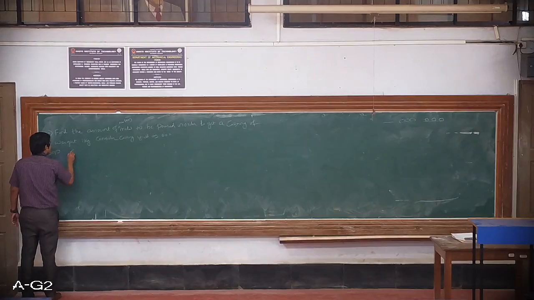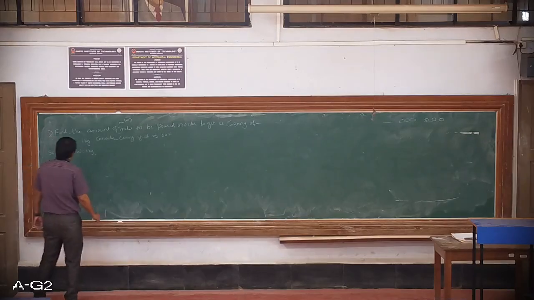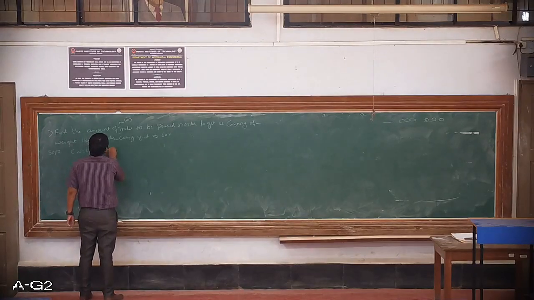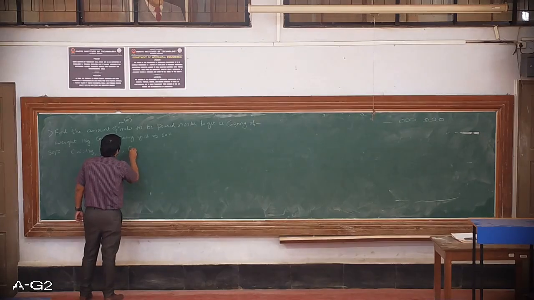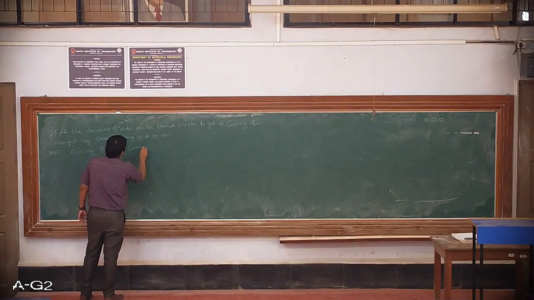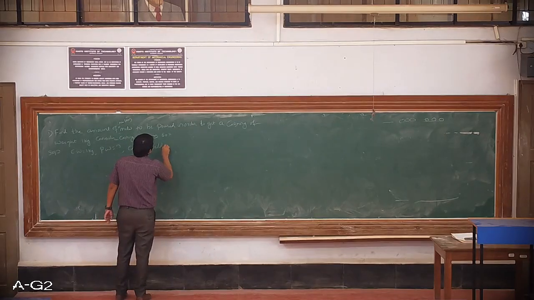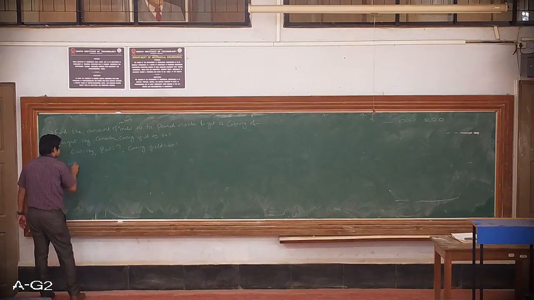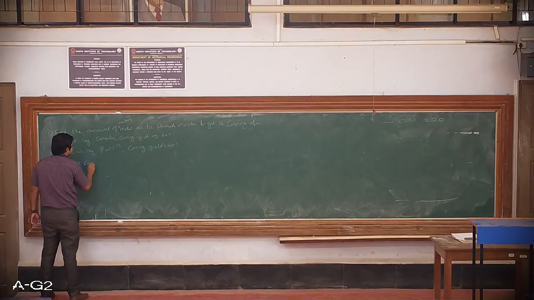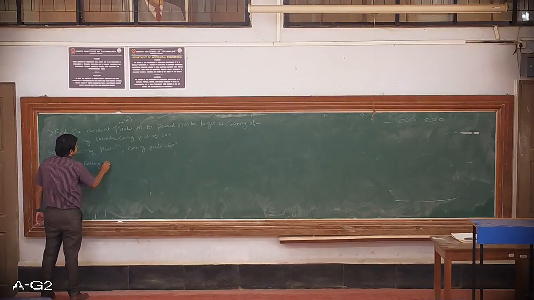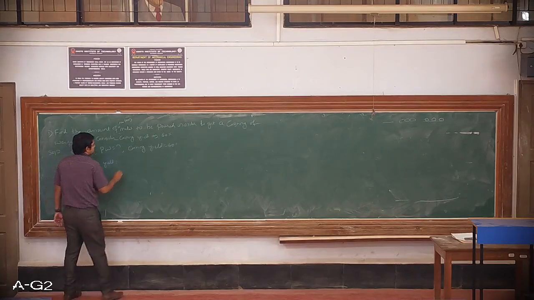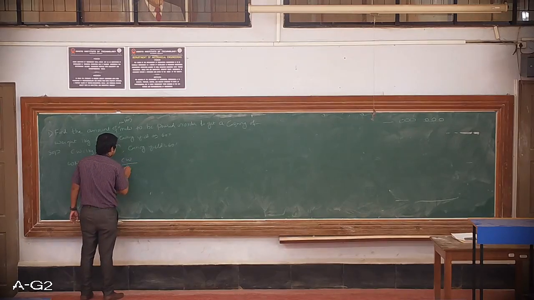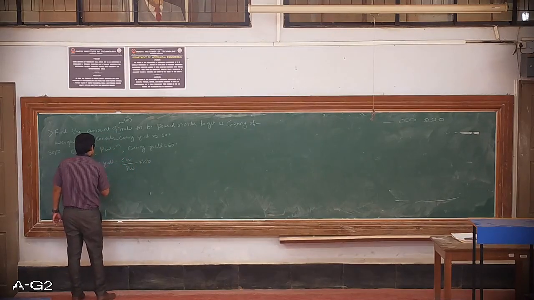We know the casting weight as 1 kg. These are the given data. Pouring weight has to be determined. Casting yield is 60%. We know that casting yield is equal to casting weight divided by pouring weight into 100. We know this as 60%.